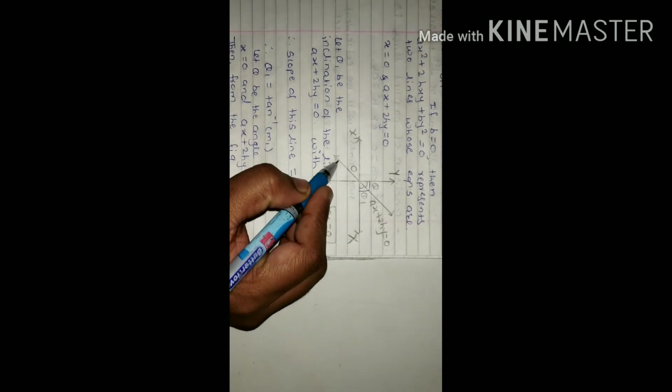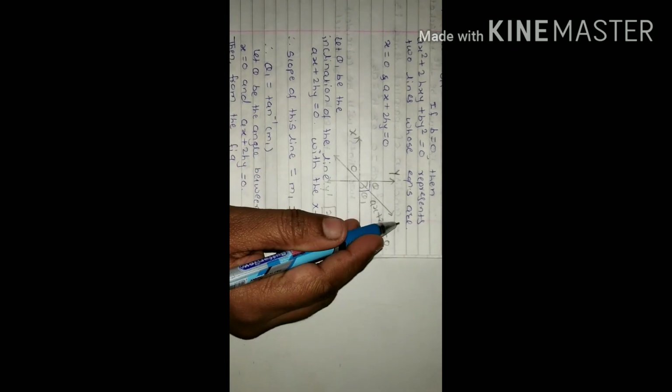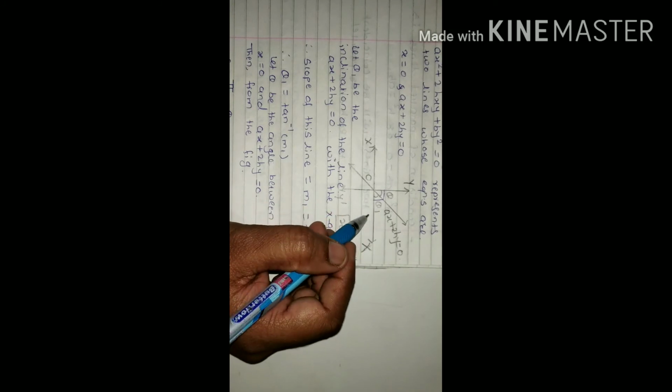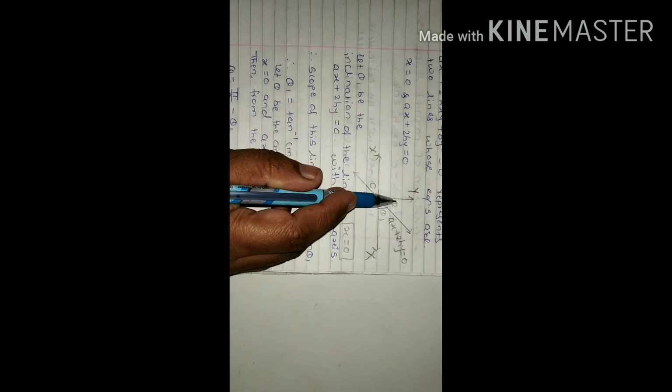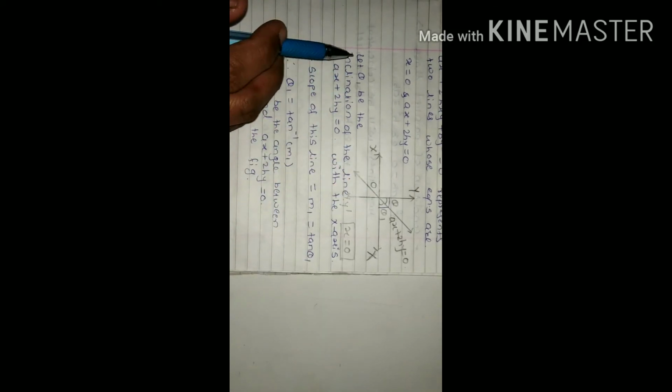Now the remark. Take the x axis, then the y axis, and draw a line passing through the origin, making an angle theta 1 with the positive direction of the x axis.